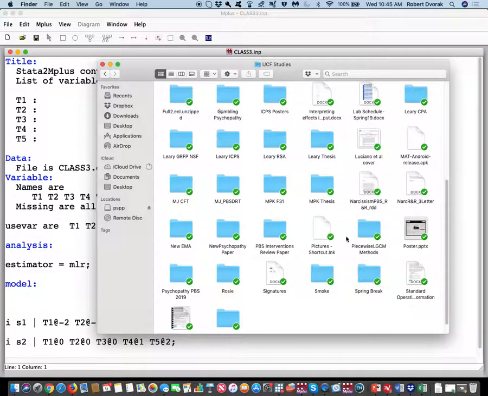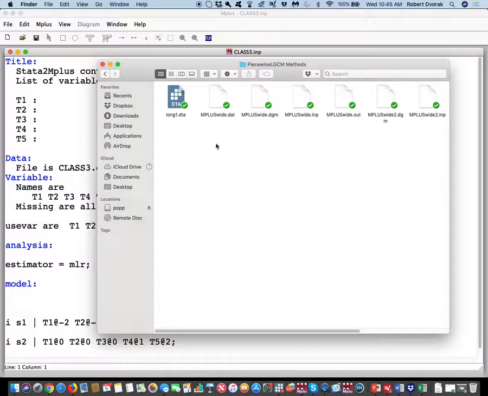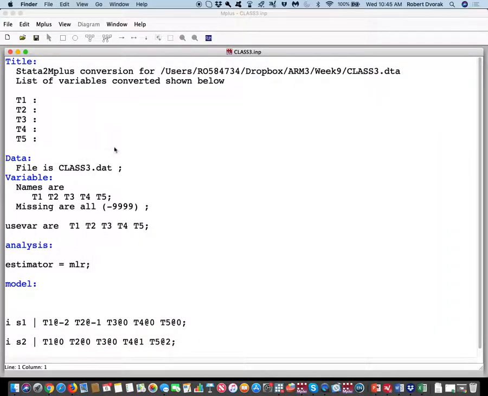Piecewise. There we go. And here's actually the piecewise thing that I'm working on. It doesn't matter. So piecewise growth curve modeling.